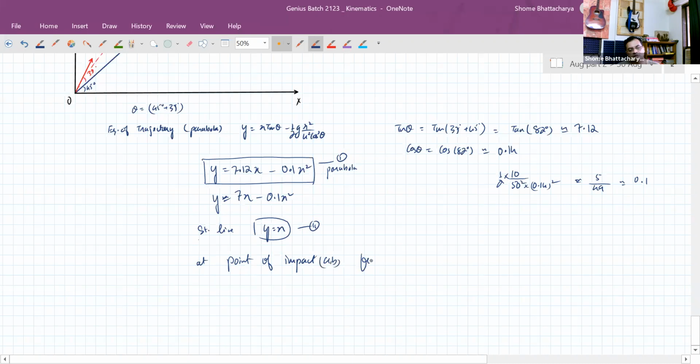From equation 1, b is equal to 7a minus 0.1a square. And now substitute from equation 2, b is equal to a.